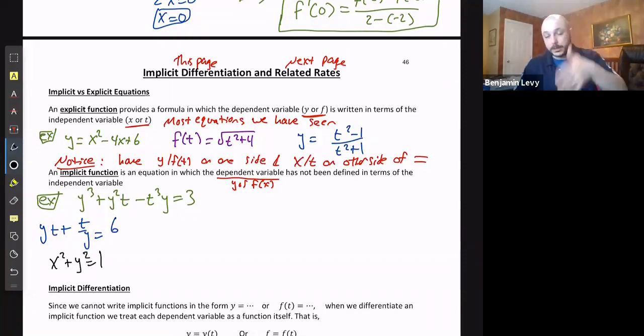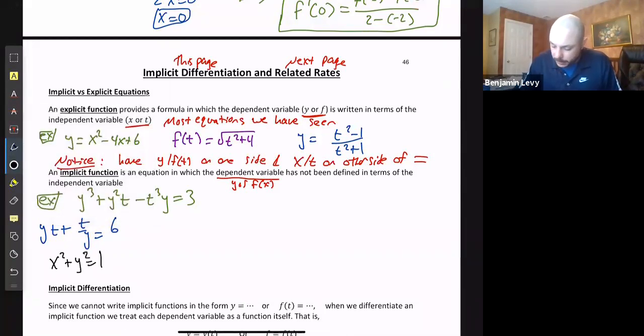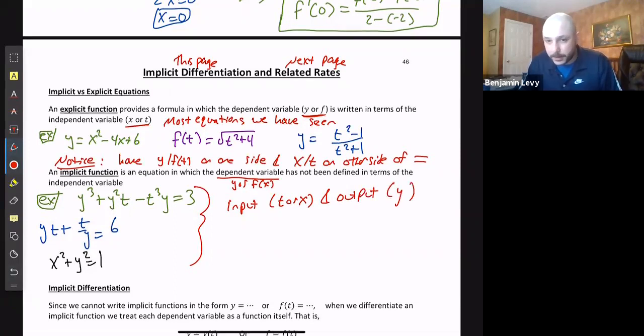The x is the independent variable, y is still dependent, but they're both on the same side of the equal sign. The takeaway here, the thing all these have in common, is that the input, which is either t or x, and the output, which is y, are on the same side of the equation.